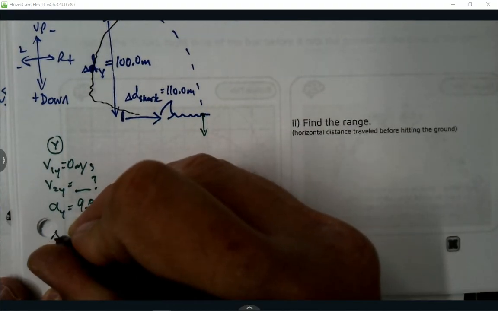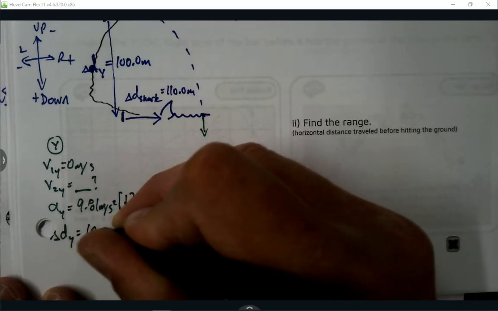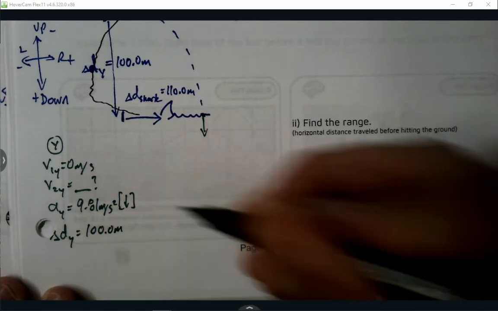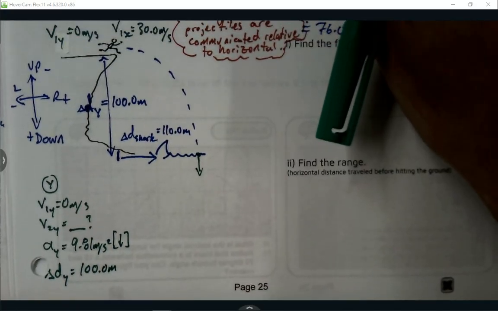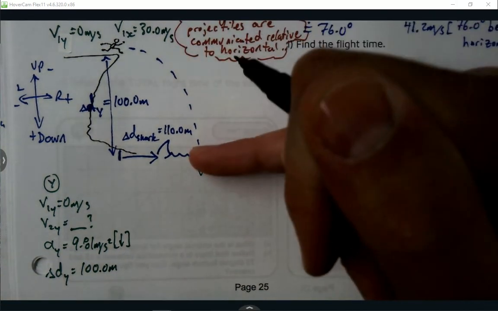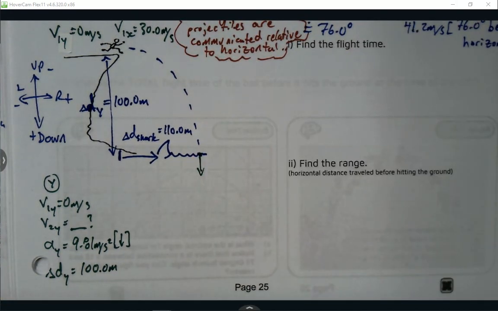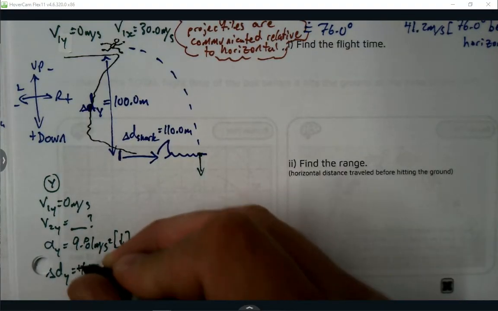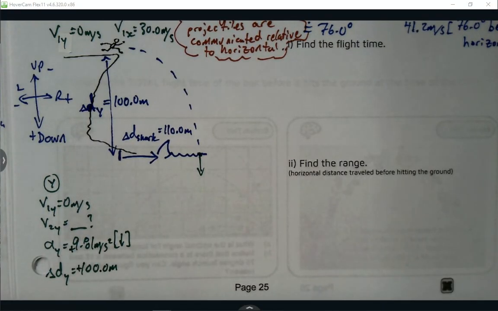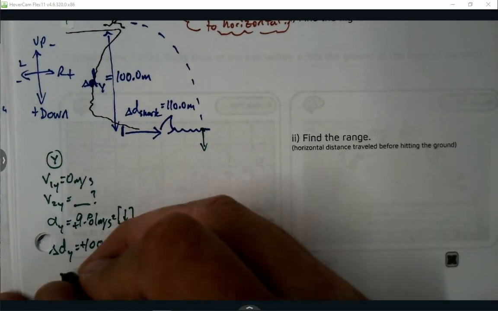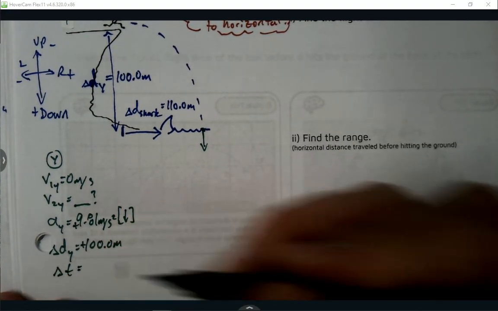And the displacement in the y direction is 100 meters from the top of the cliff to the bottom of the cliff. And we declared down to be positive, so that's actually a positive 100, just like the 9.81 is positive because it's downward. We'll mathify this stuff.